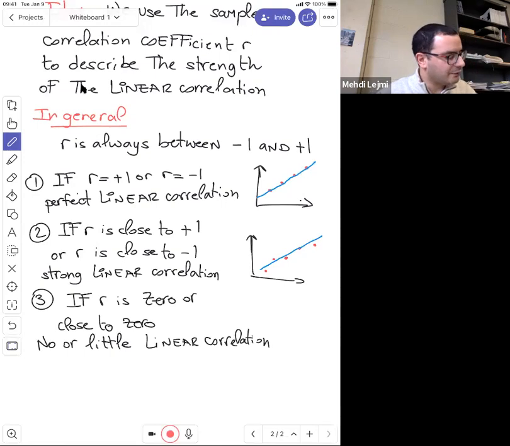Then your scatter diagram would show that you don't really have a linear correlation. Your points are just a mess. It doesn't look like a line.